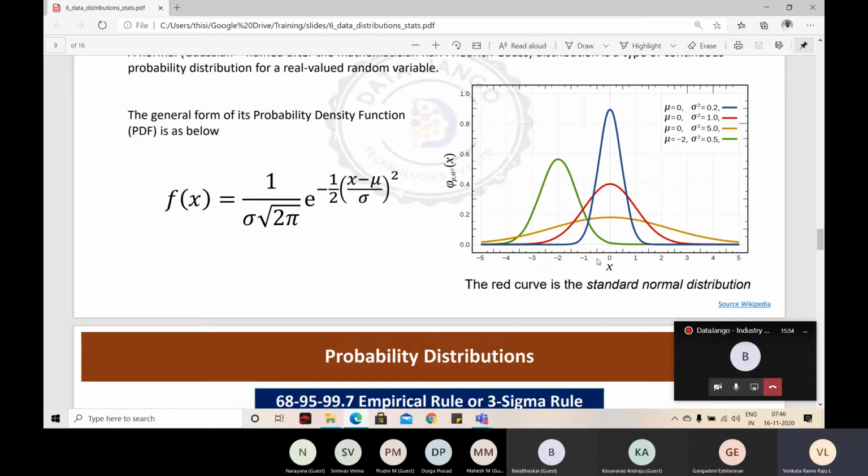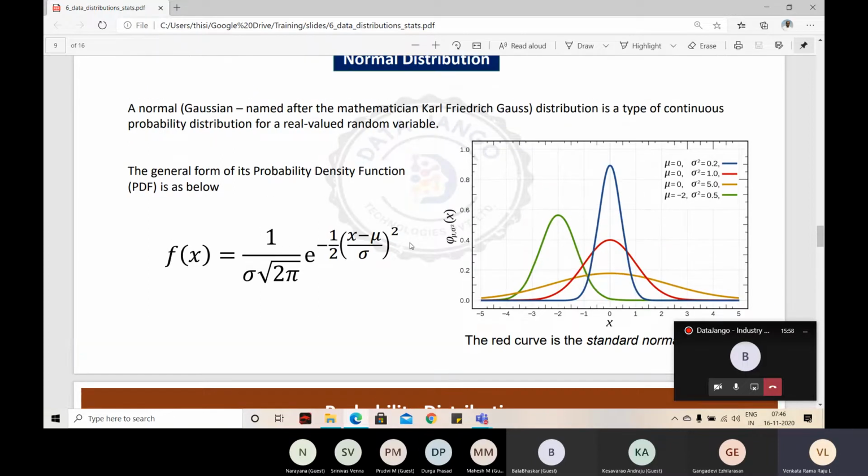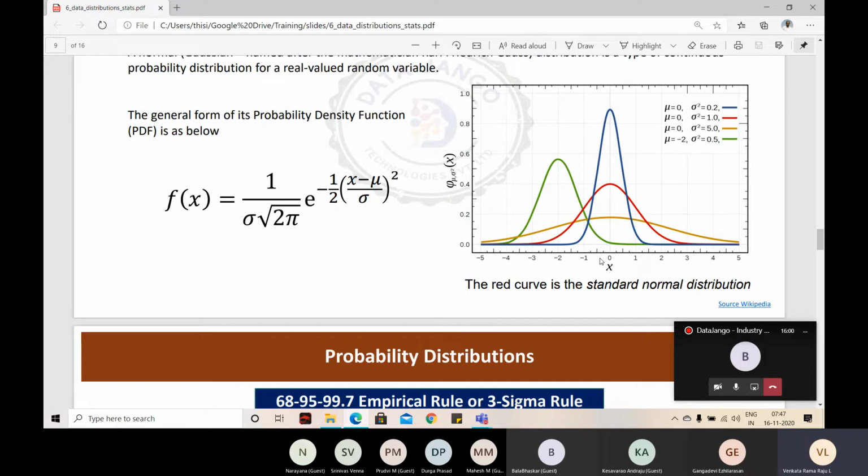And to calculate the probability of a random variable falling within a range, if you take the stock price, the probability of the stock price falling between 1235 and 1240 can be calculated by integrating this between those two numbers.